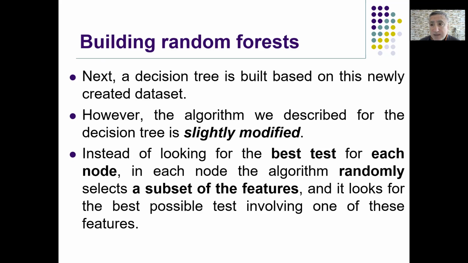So in the data set we created by bootstrapping, we have the same number of features, but now we also limit the number of the features that can be used in training that specific decision tree in the forest. So we can use a subset of the features in the train for each decision tree.